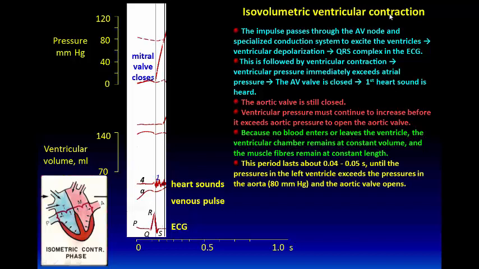There is no change in the volume of the left ventricle or the right ventricle.